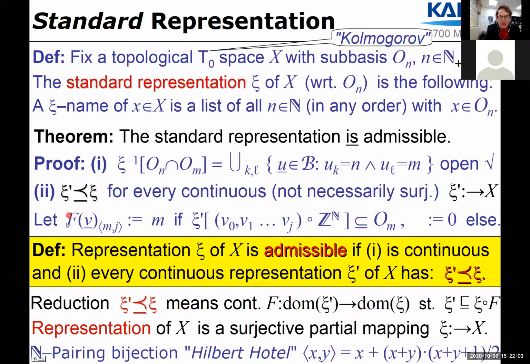Remember that the translation reduction receives an element of Baire space as argument, an infinite integer sequence, and must output something in the domain of psi, an infinite sequence of integers again.